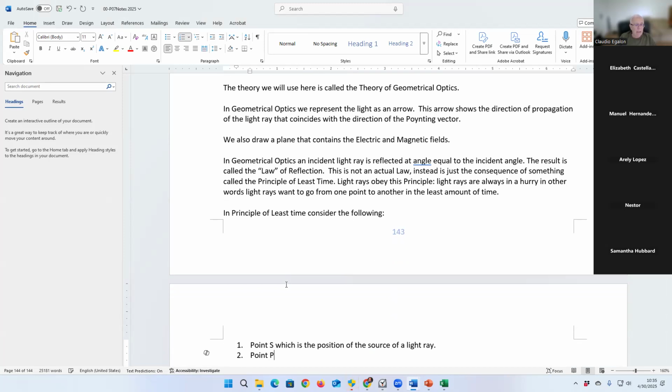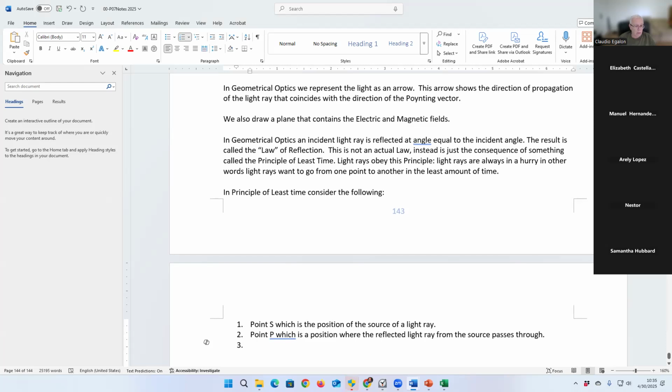A point P, which is a position where a reflected light ray from the source passes through.